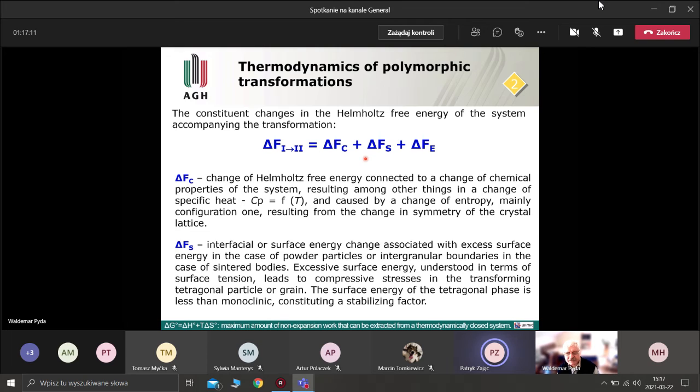And what must happen at any size of particles, monoclinic particles, and why? Could you please repeat?